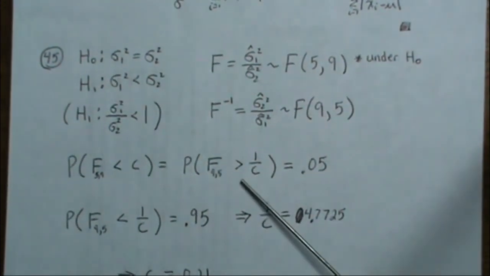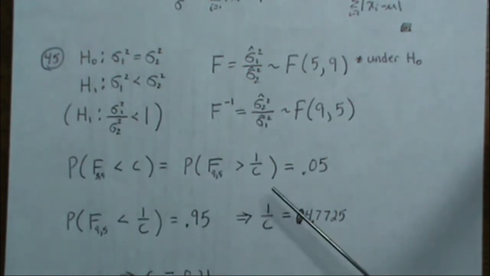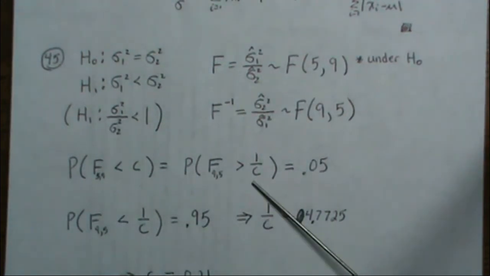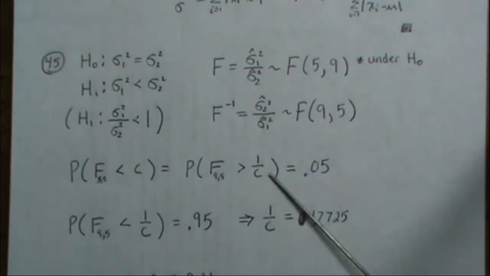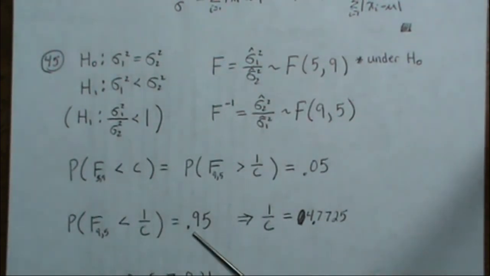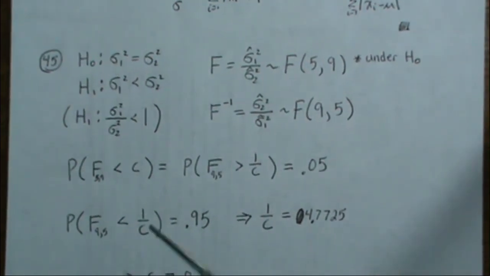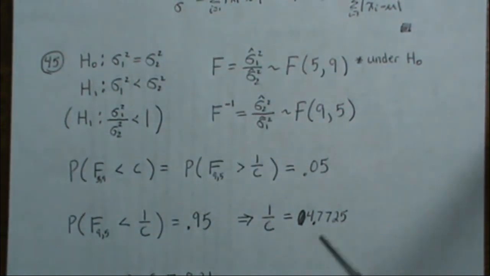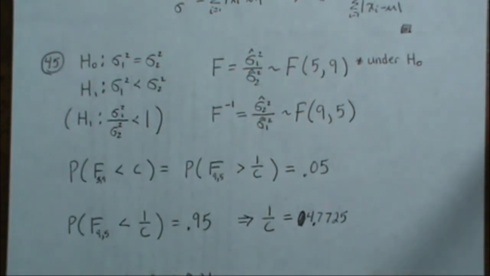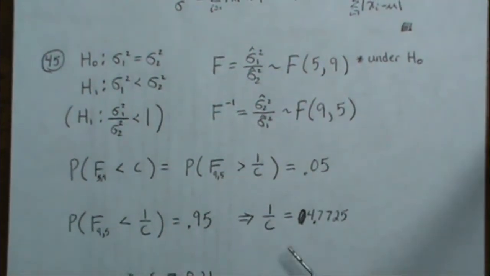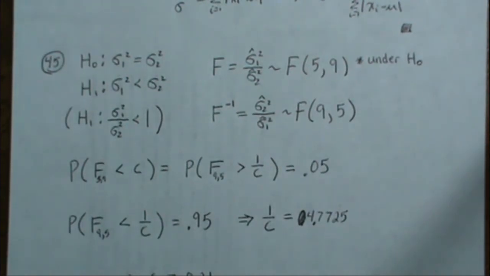My table is cumulative, so I have to calculate that we're less than that, which is 95, and greater than that is 0.05. It turns out that this value is 4.7725, and then solving for C, we get C is equal to 0.21. So this problem may have been made tricky based on the F tables that I have.